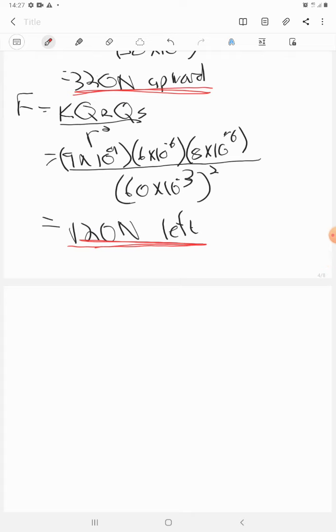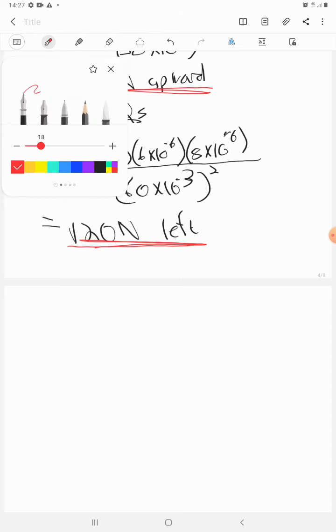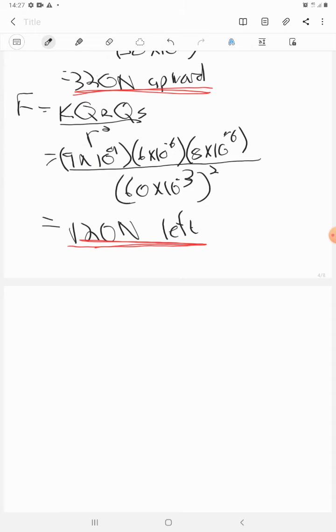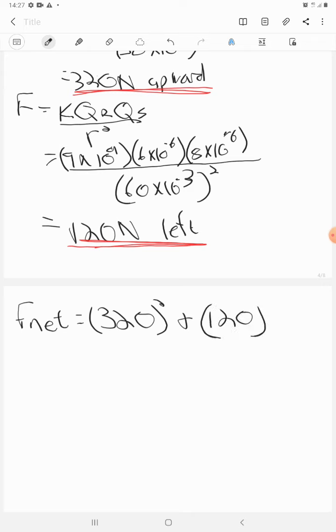For my Pythagoras, let's use black again. My F net is going to be the square root of 320 squared plus 120 squared.